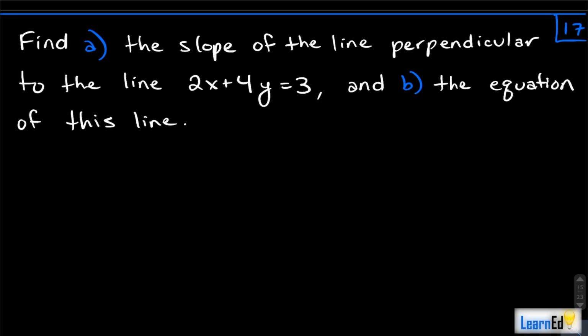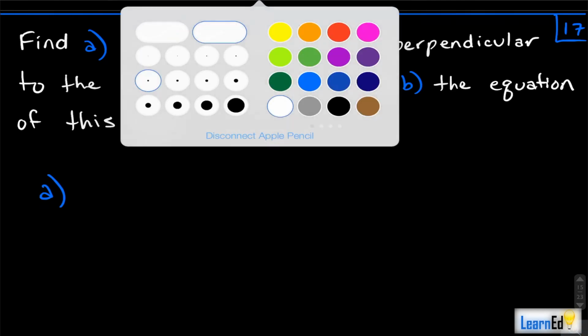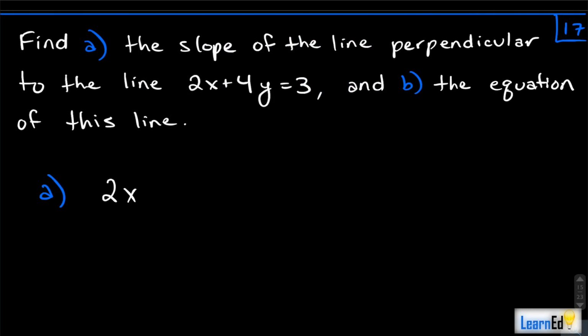So to put this into slope-intercept form, we're going to need to get y by itself, right? So let's write 2x plus 4y equals 3. To get y by itself, let's subtract 2x on both sides.